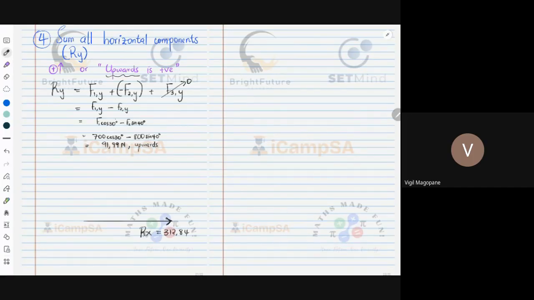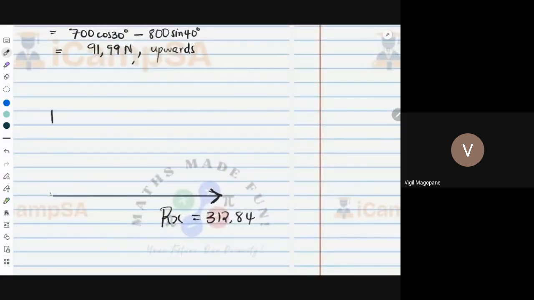Now it means I can't have Ry being the same length as Rx because Ry has a smaller value. So remember, we represent the magnitude of vectors by the length of their body. You can't have vectors of different magnitudes having the same length of arrows. So this one has to be shorter. That's what it means when they say it's not drawn to scale. But when you check the diagram, it's representative of the actual reality of these vectors.